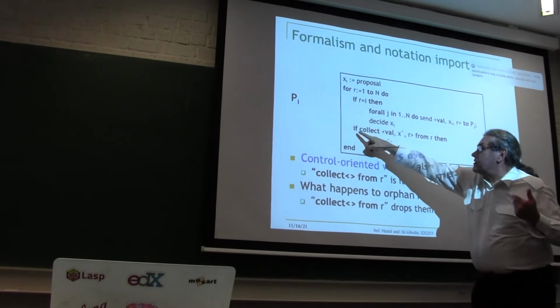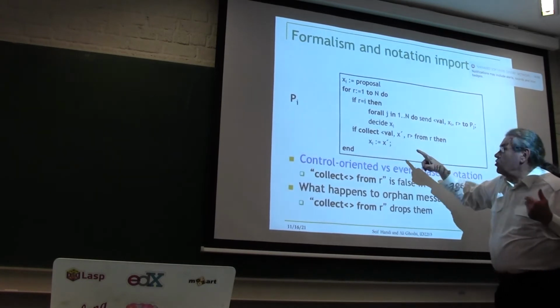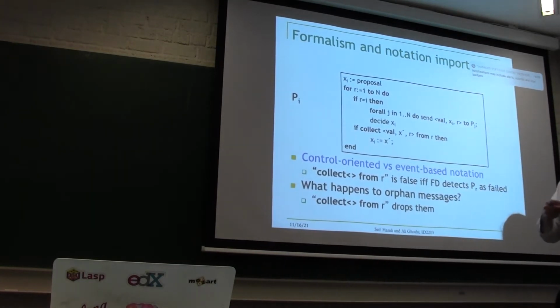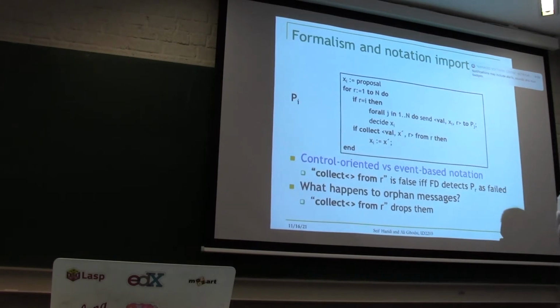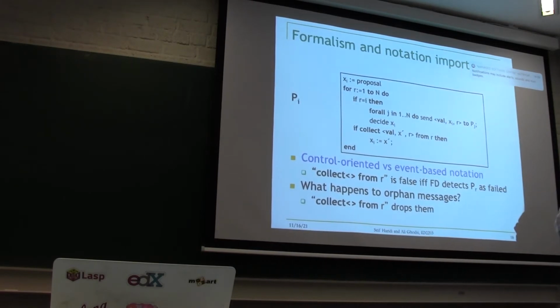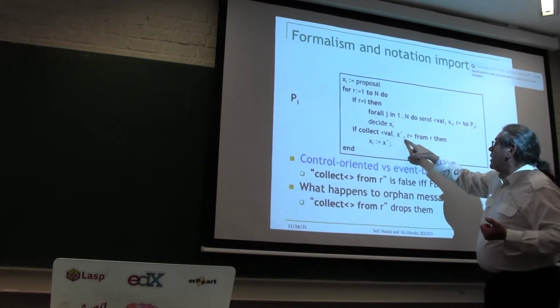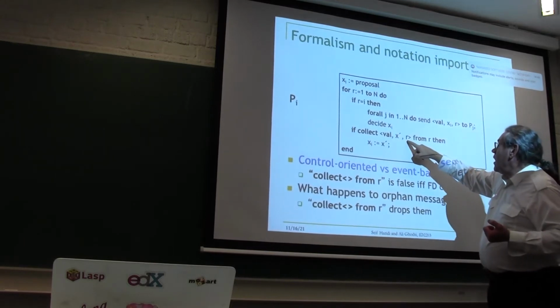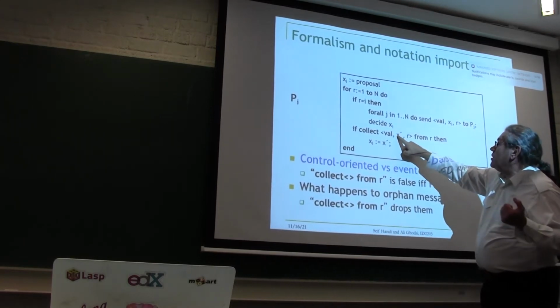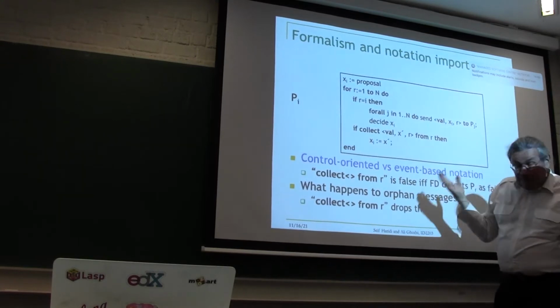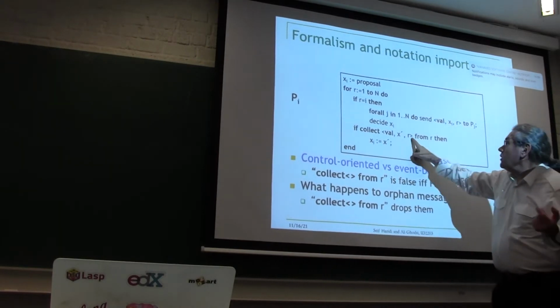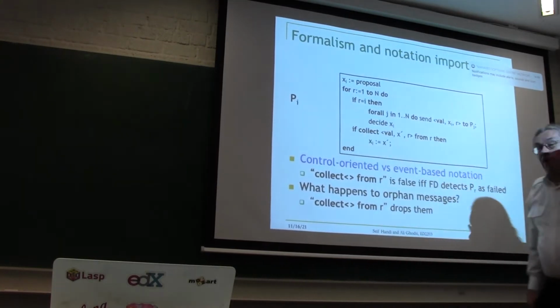There's a Boolean. It's in an if. So you can either receive from a node, or you can detect failure of that node. So the collect combines those two. Either it receives, and then the collect is true, and then x prime is the value it gets, or there's a failure, and then the collect returns false.